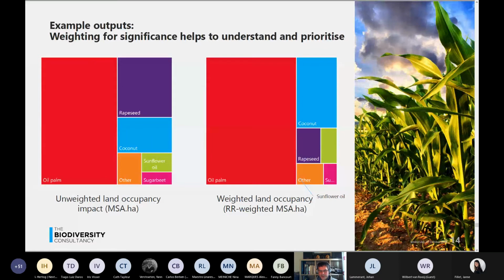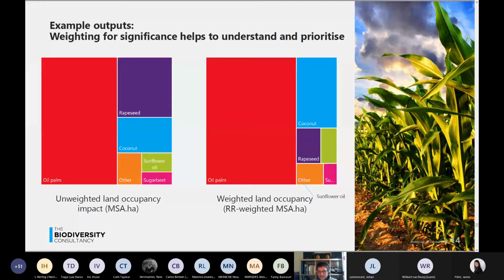Because the purchasing manager doesn't go out and buy oil palm, they're buying a product which is derived from oil palm, and so it's not particularly useful for them to know that this much of our impact is from oil palm. The more important thing is to know, well, these three products have big impacts from oil palm, and so let's start thinking about how we can reduce those impacts.